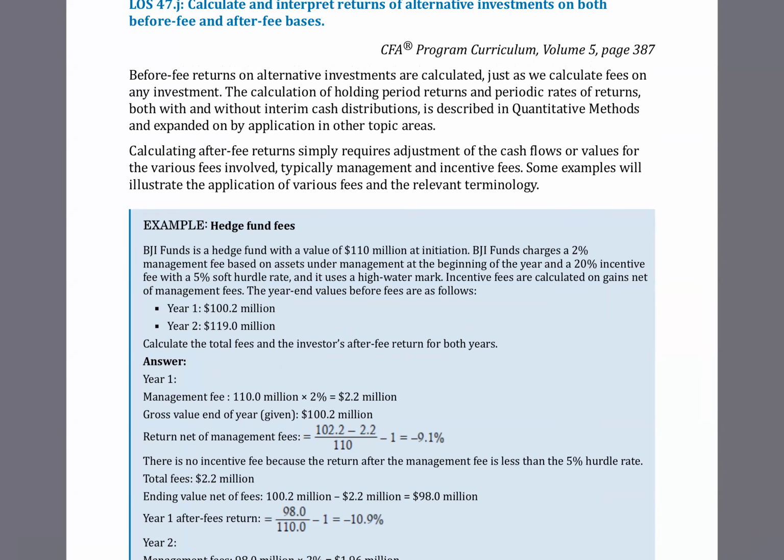The 2% of this is 2.2. Gross value at end of year, and they say soft hurdle means there's an incentive fee, 5% of soft hurdle. So soft 100.2.